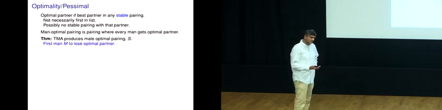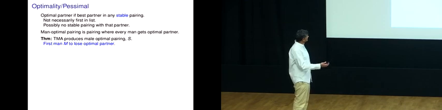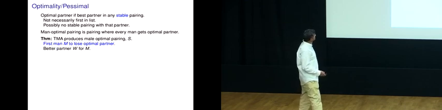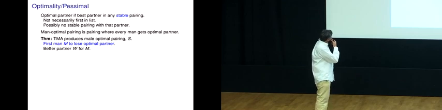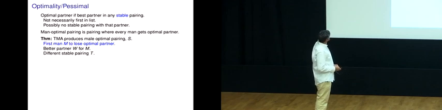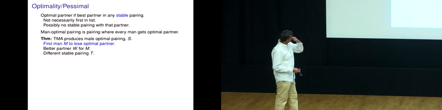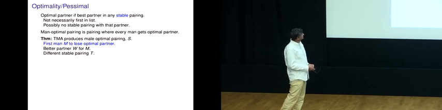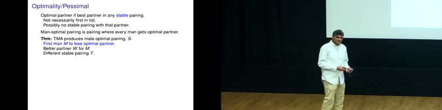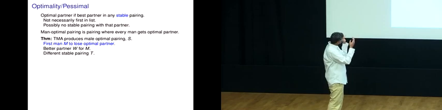This is where we use the well-ordering principle. Take the first man M to lose his optimal partner. So there's a better partner W for M. In T, a different stable pairing, he's paired with W. We're just picking the first man M to lose his optimal partner.